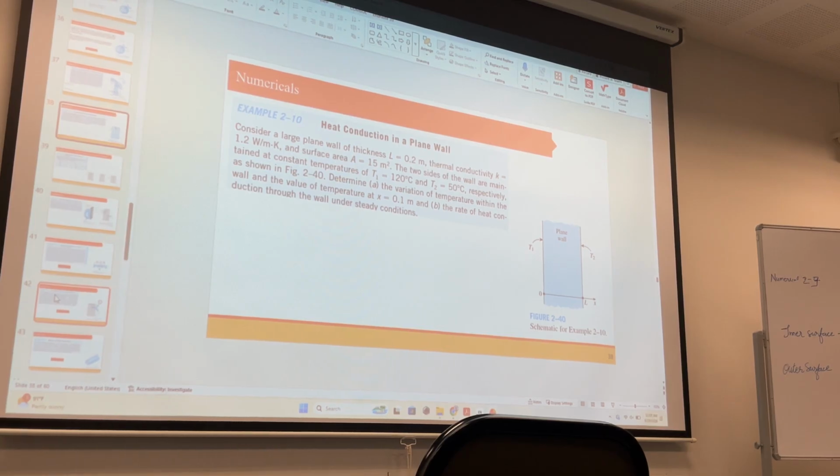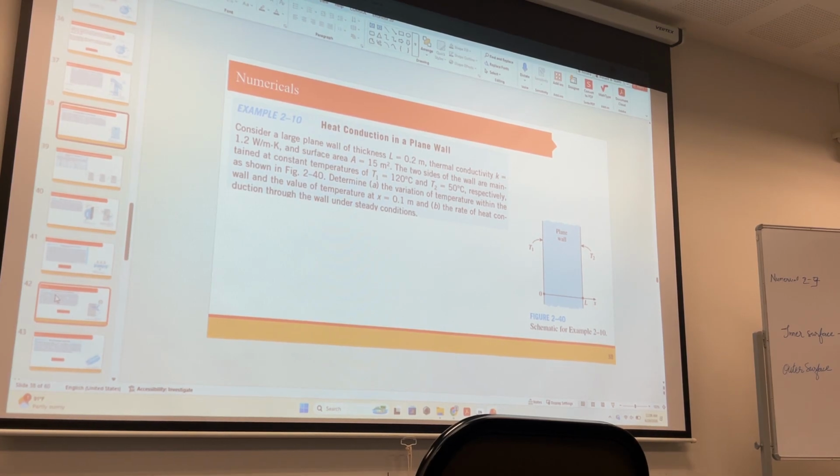Determine the variation of temperature within the wall and the value of temperature at x equals 0.1, and the rate of heat conduction through the wall under steady conditions. So first tell me what boundary conditions are given in this question. Specified temperature boundary condition is given, right?